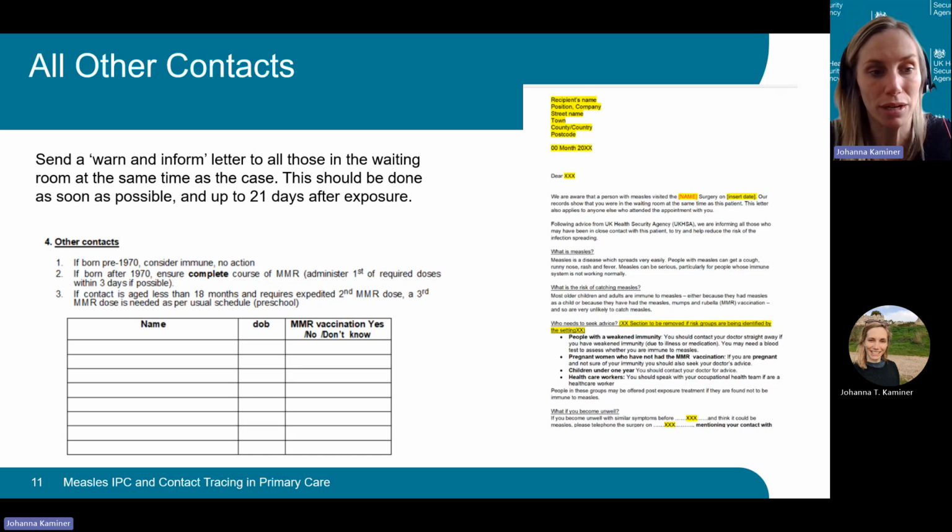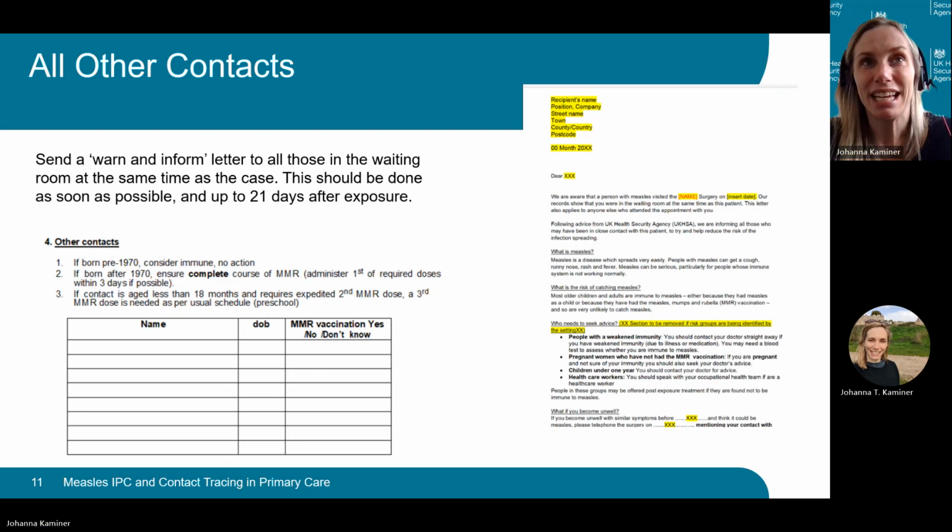Again, that 72-hour window. In general, a warn and inform letter should be sent to everyone in the waiting room at the same time as the case. And this should be done as soon as possible and up to 21 days after exposure.